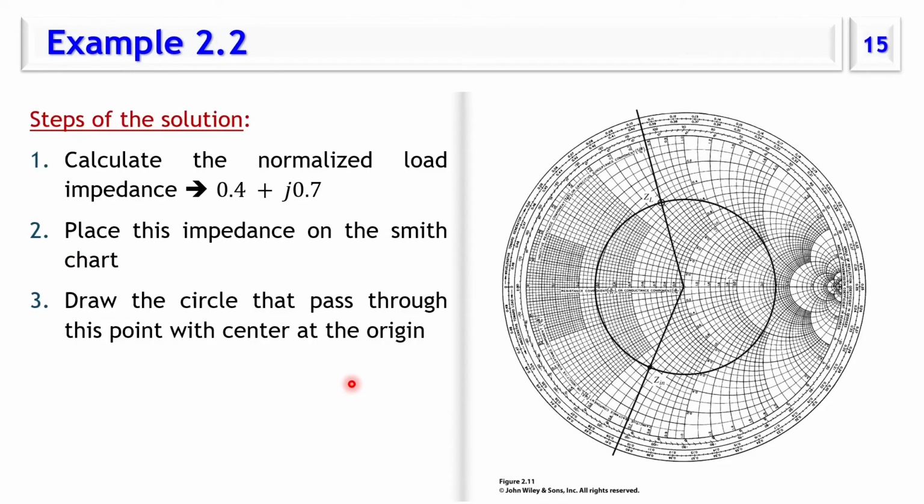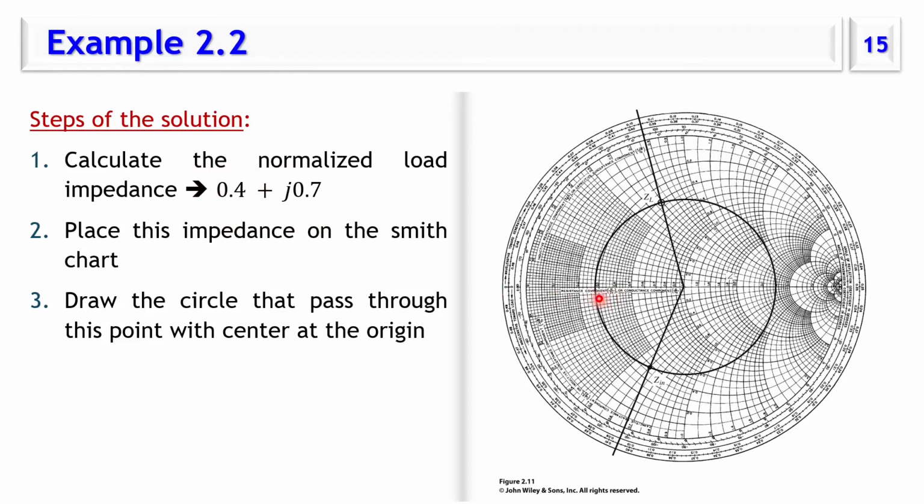Okay, so how would we start? We start by normalizing our load impedance. So the load impedance normalized to the characteristic impedance equals 0.4 plus j0.7. Then we need to place this impedance on a Smith chart. So we'll find the intersection between the circle of 0.4.